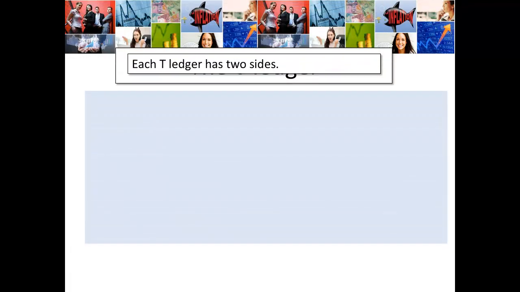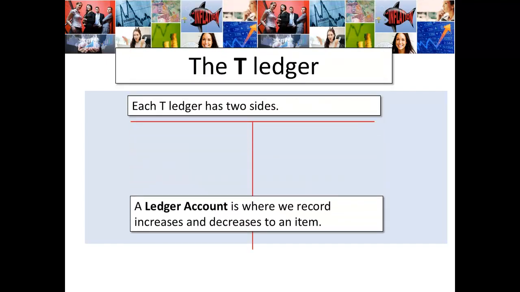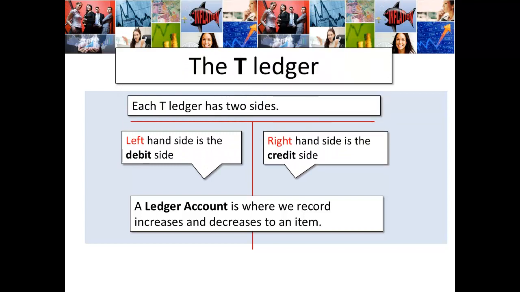The T ledger is our main form of ledger to start with. The T ledger has two sides, and this is the ledger, right? It's an account where we record increases or decreases to a single item. Left hand is debit, right hand is credit.